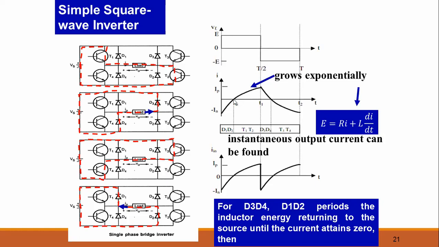We need the gate pulse to be provided at the exact location, but the exact location is not defined. So what is the solution? The solution is that we have to provide a succession of pulses, continuous pulses from 0 to T by 2, so that whenever the thyristor wants to turn on, a pulse is there and it will turn on these thyristors.